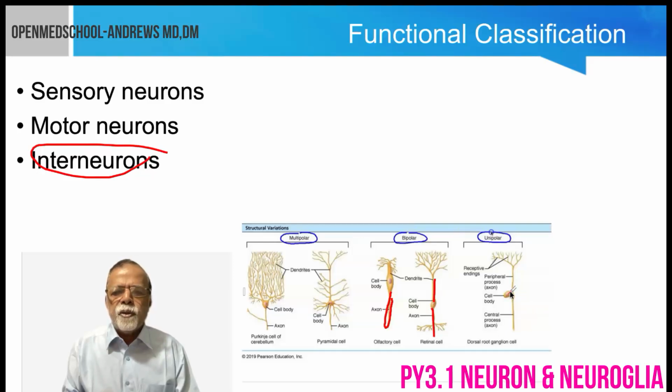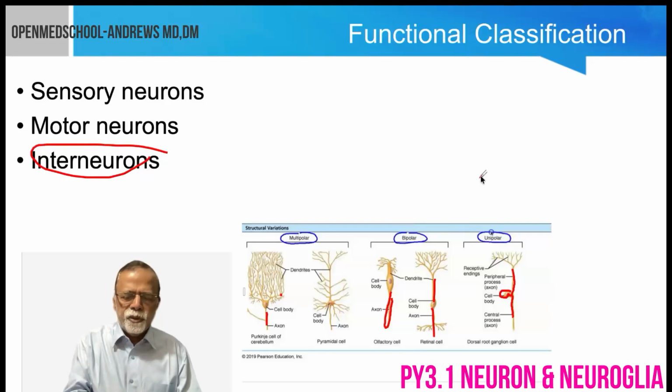This is a pseudo unipolar, that is, there is a cell body from which the axon divides into two. It's called a pseudo unipolar, and there are neurons which are multipolar. An axon is there, multiple dendrites are there, so this is a multipolar. So that is how you do functional and structural classification.